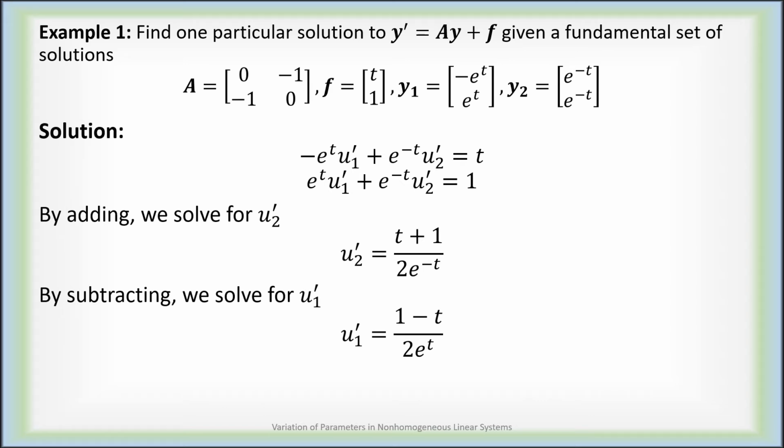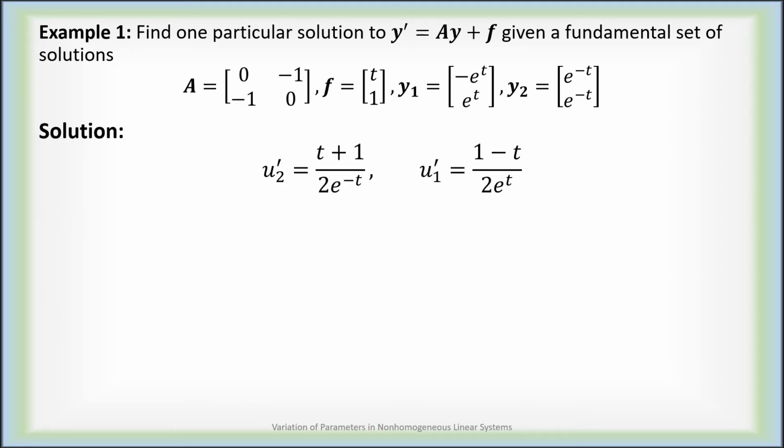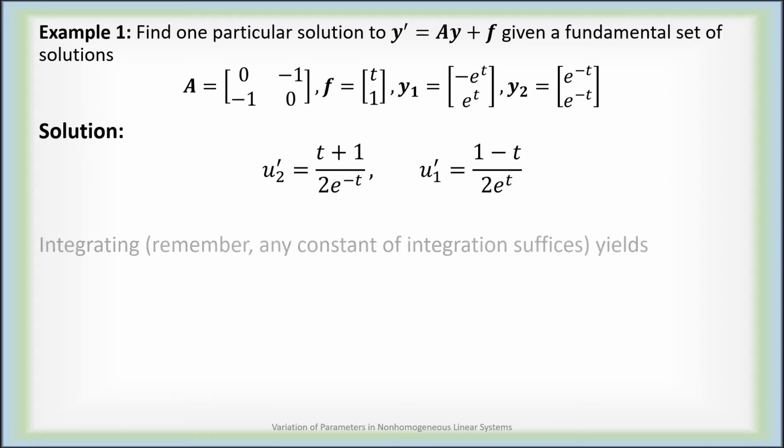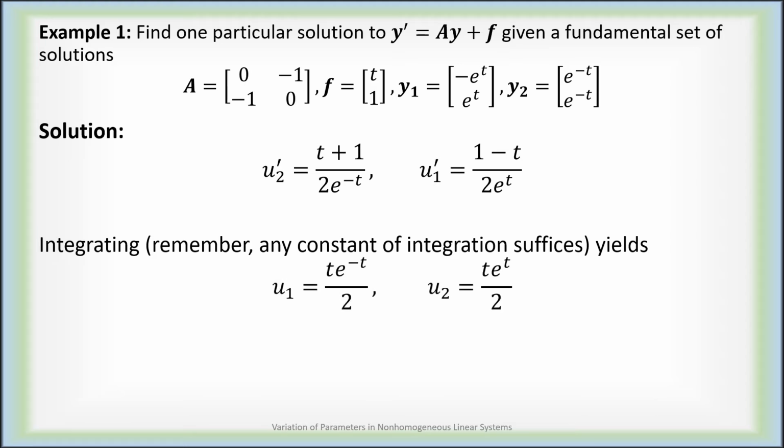And now what we've done is we've recovered u2 prime and u1 prime. Having recovered u2 prime and u1 prime, we just have to integrate each of them. And remember, we're only looking for one possible solution, so any constant of integration is fine. We're always going to pick 0. So we end up with u1 is t e to the minus t over 2, u2 is t e to the t over 2.